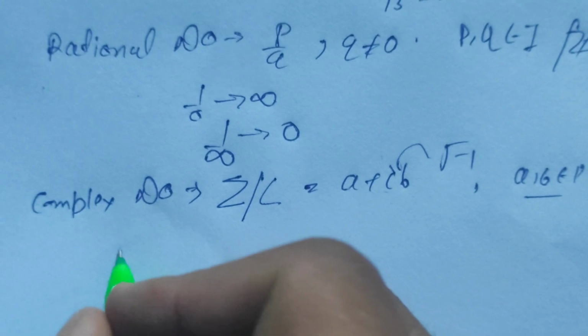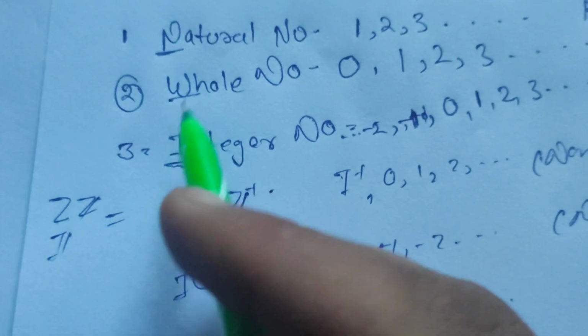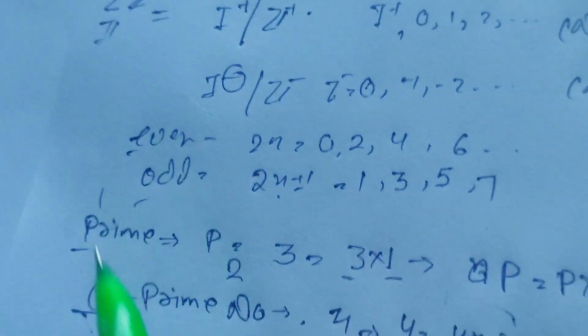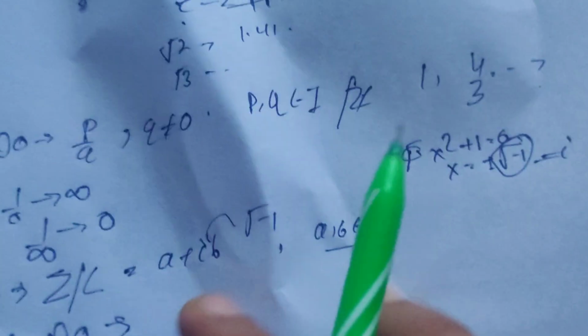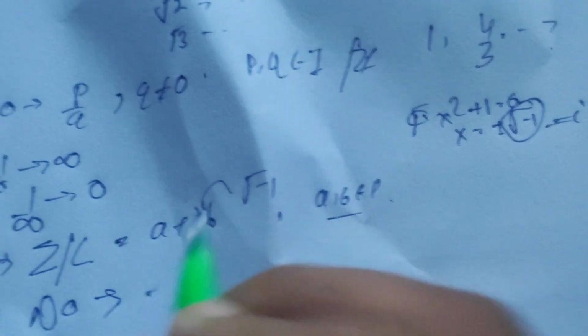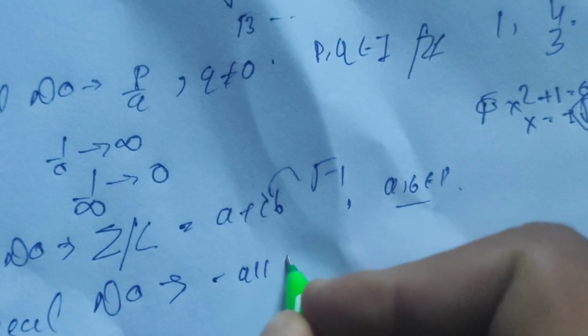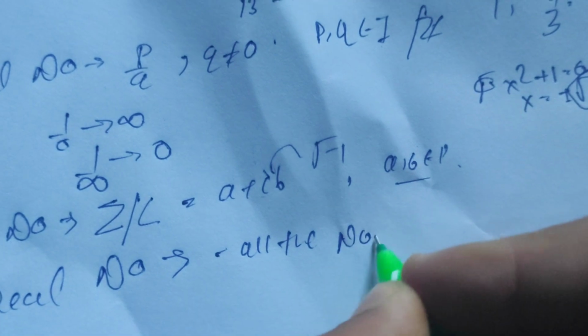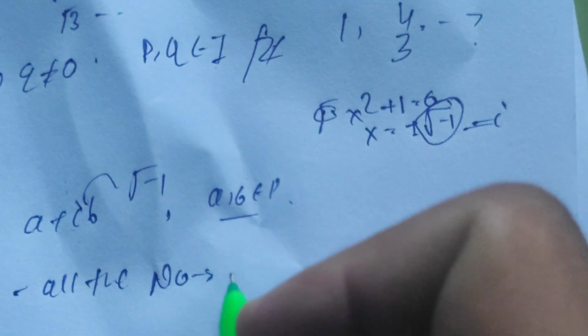And at last, what are real numbers? Real numbers are all these terms: natural, whole, integer, prime numbers, co-prime numbers, irrational numbers, rational numbers. Together they are called real numbers, not complex numbers. Real numbers are a subset of all these numbers.